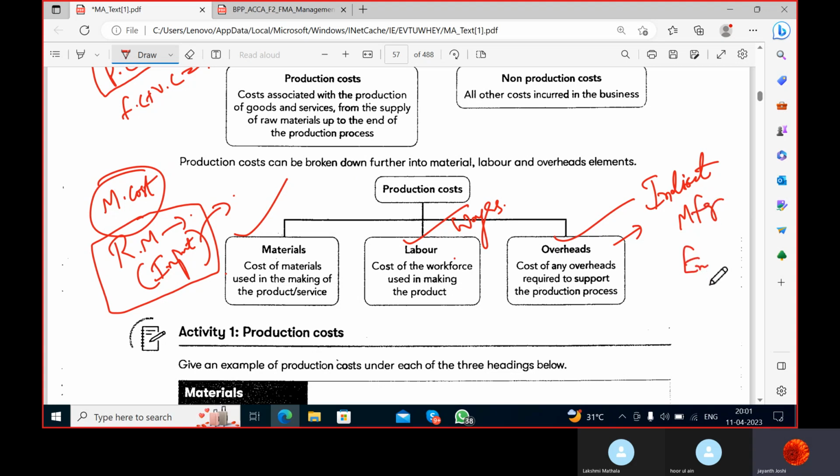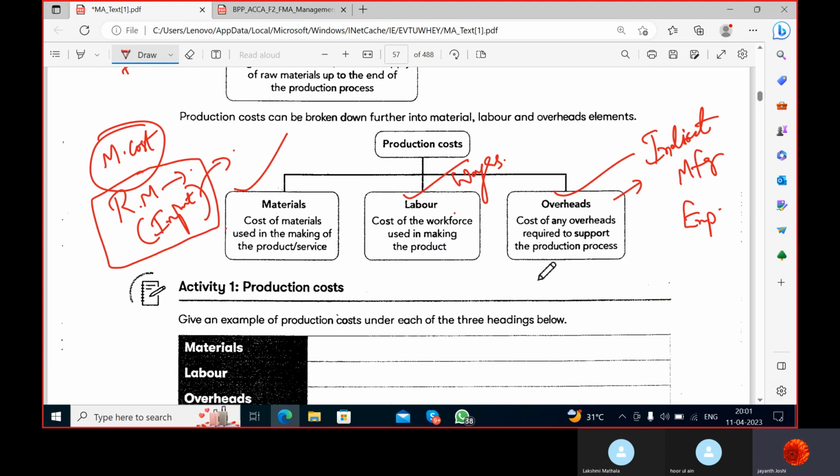manufacturing expenses. Now as an example we can take this. This is a machine which converts input into output. We will put the raw material into this machine. Let's say this is a juice factory.